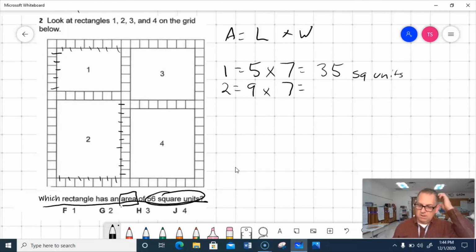So what is 9 times 7? Yes, we can use our fingers on that one again. So 9 times 7, that's 5, 6, 7. 9 times 7 is 63. So 9 times 7 is 63. And that would be 63 square units.